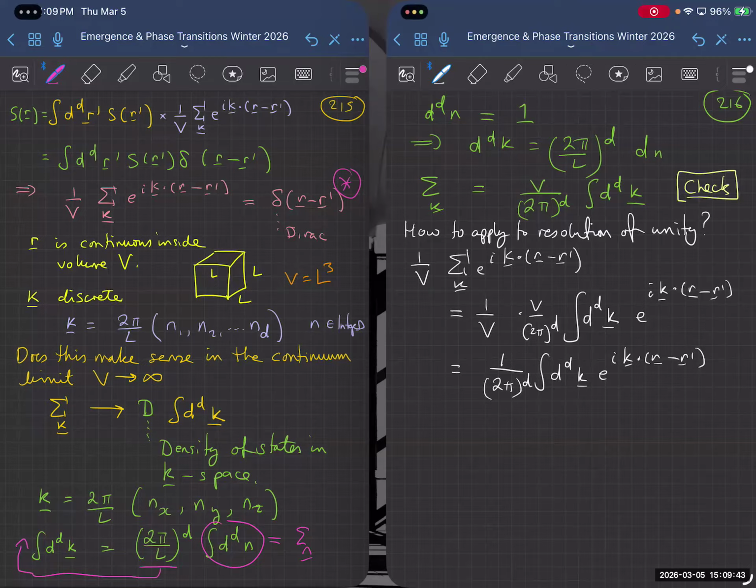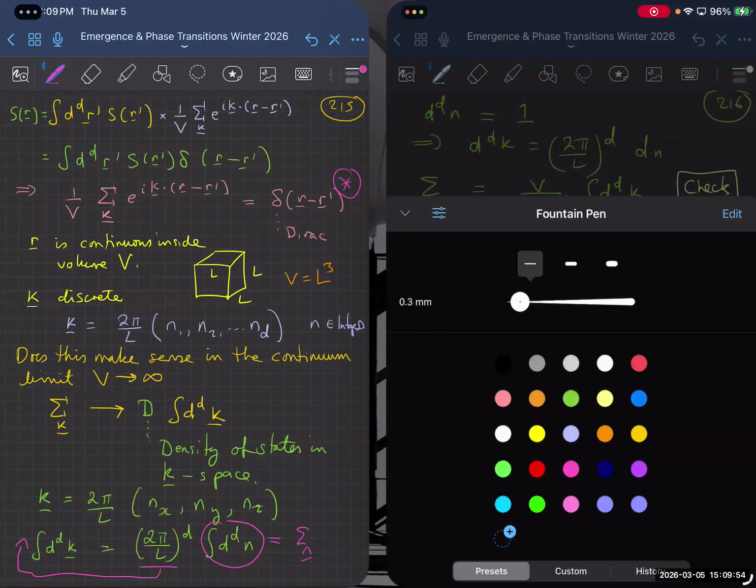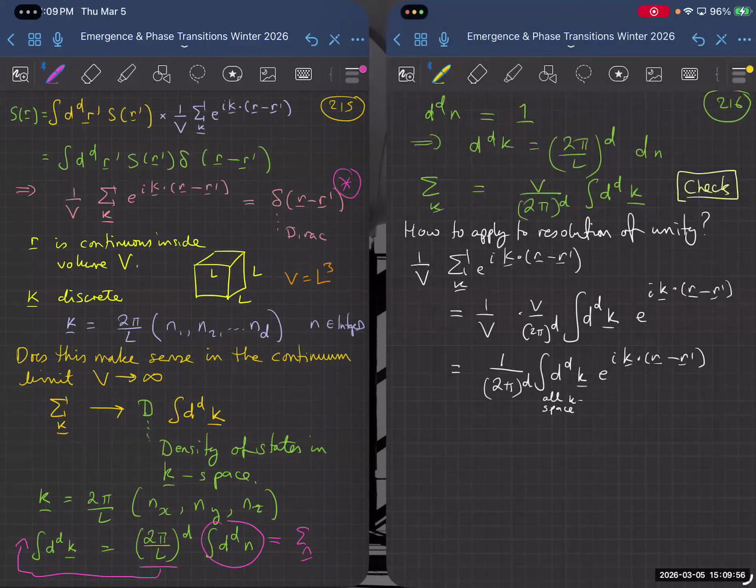And this is going over all space, but it's all k space. Okay, and if you remember what the Dirac delta function is, you'll see that this thing is then just equal to the Dirac delta function as a function of r minus r prime.